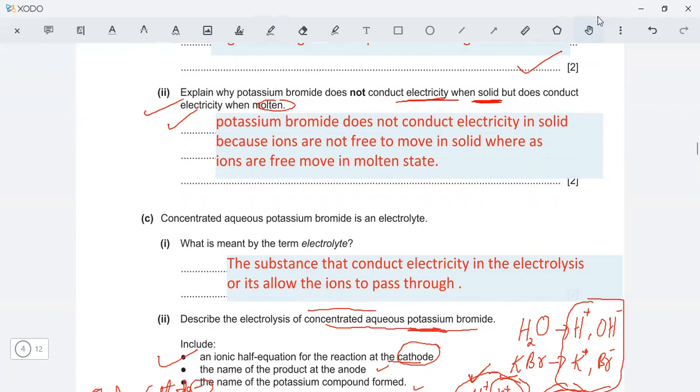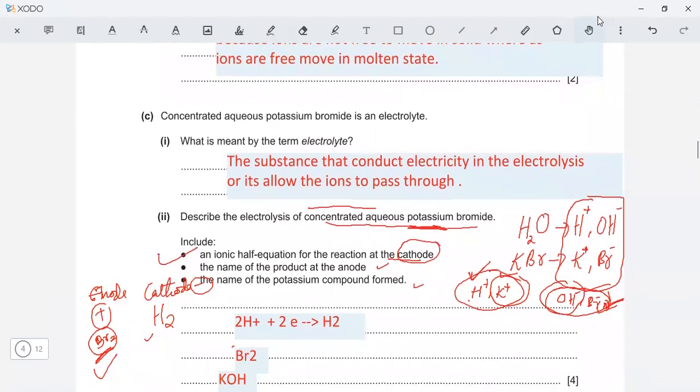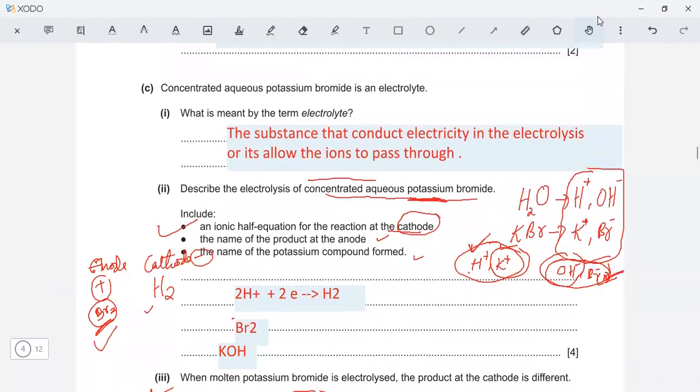When there is a movement of ions, we say there is a flow of current, an electric current. But if the ions are not moving at all, you cannot say there will be conductivity or transfer of electricity. So the simple answer: potassium bromide does not conduct electricity in the solid state because the ions are not free to move, whereas the ions are free to move in the molten state. In the liquid state, ions are movable and free to move.